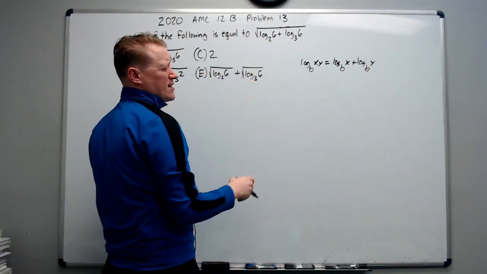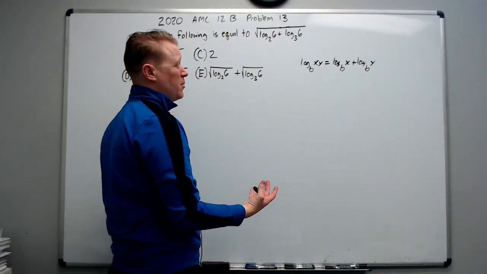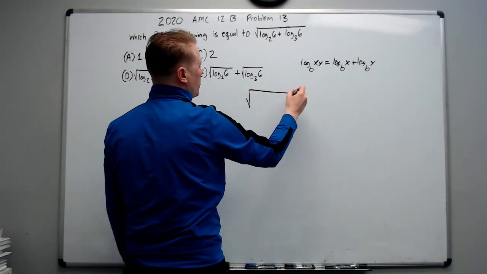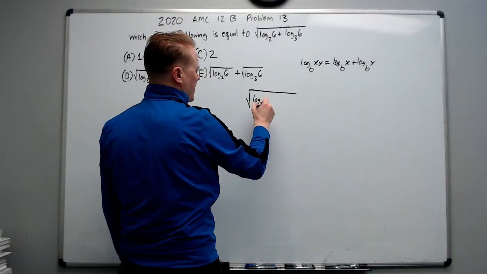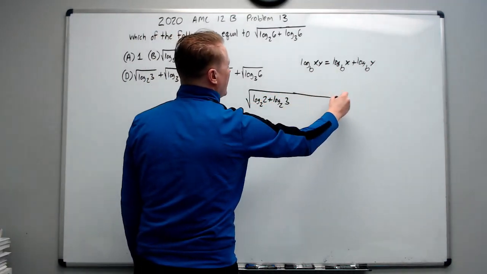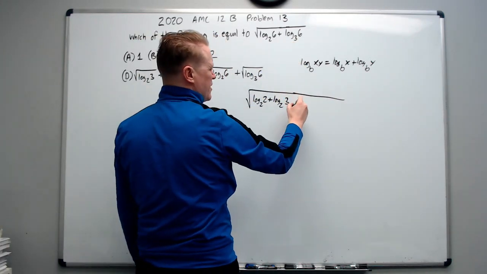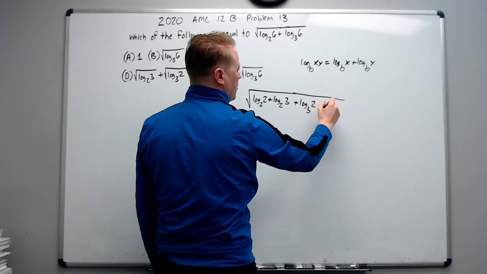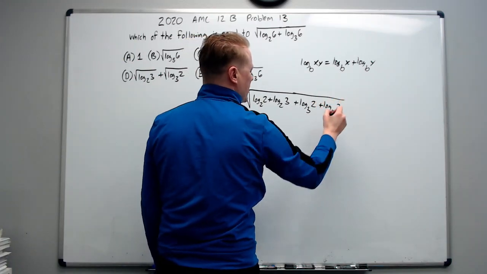And since 6 is actually a 3 and a 2 combined, 2 times 3, we can split this into the square root of log base 2 of 2 plus log base 2 of 3. Furthermore, we can do the same thing with this one. It becomes plus log base 3 of 2 plus log base 3 of 3.